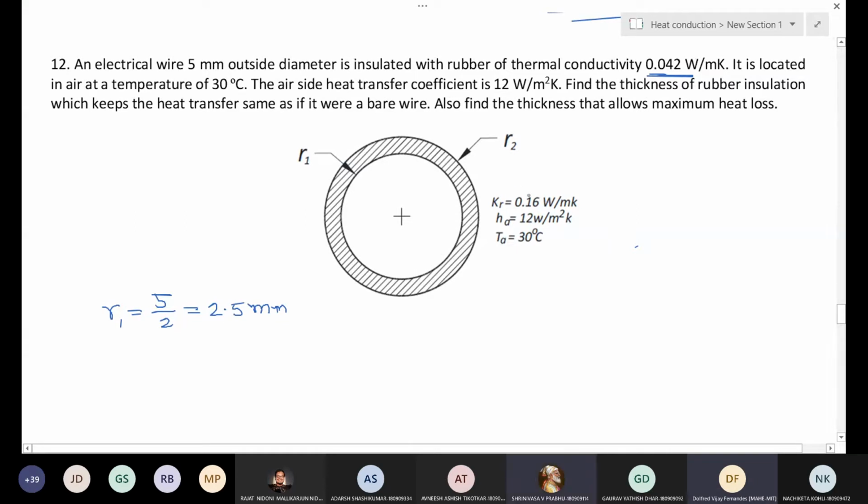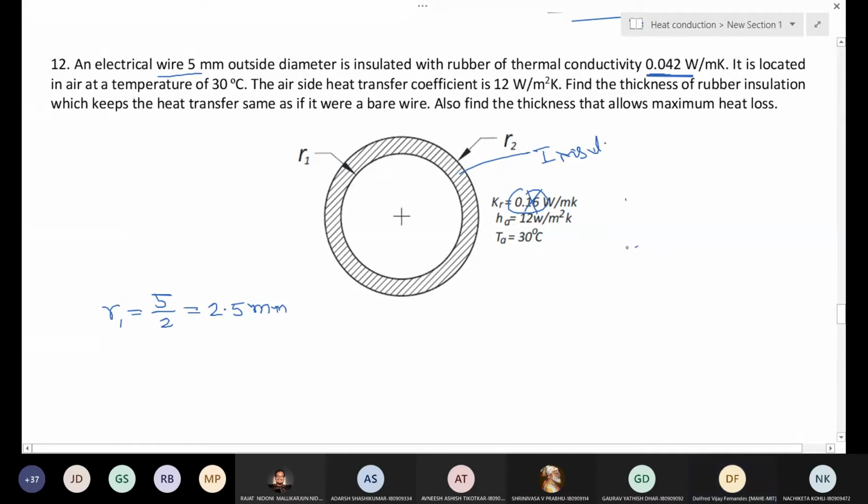So here the critical radius should be... the thickness should be less than... this is actually insulation only. Since this is an electrical wire, R1 should be less than RC, right? Yes. So what is RC for this value? You can calculate.